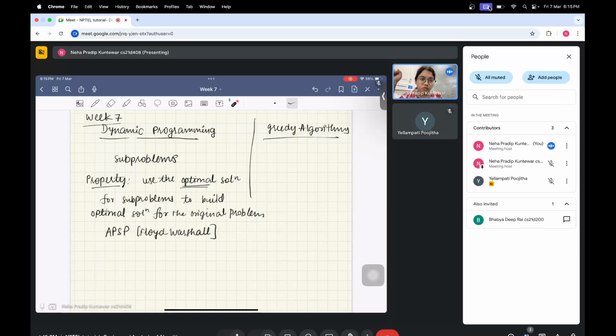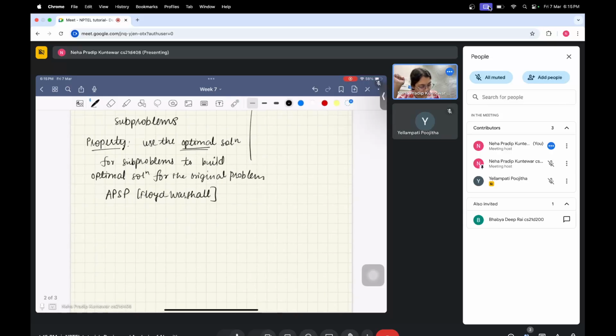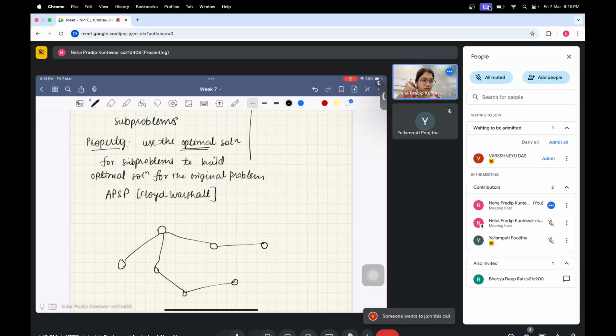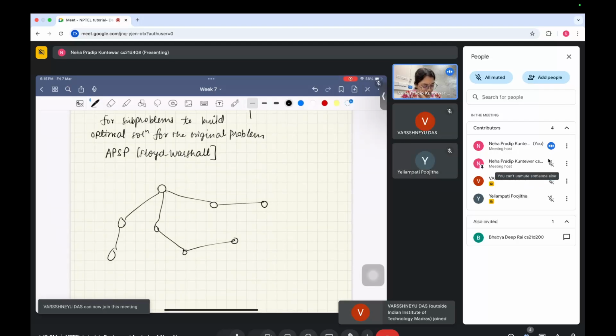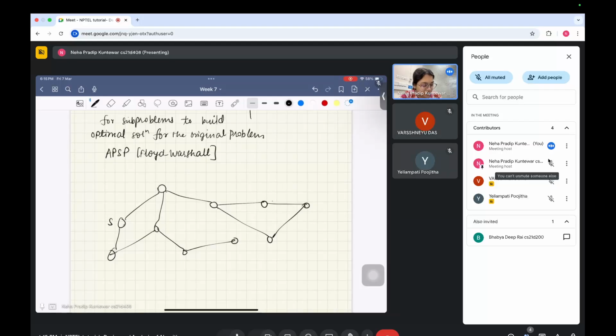So there's some graph that is given to us, and I want to find shortest paths from any node to any node. Let's say I'm looking at a given S and T for now. Think of the nodes as being labeled from 1 to n, 1 2 3 4 5 6 7 8 9 10.